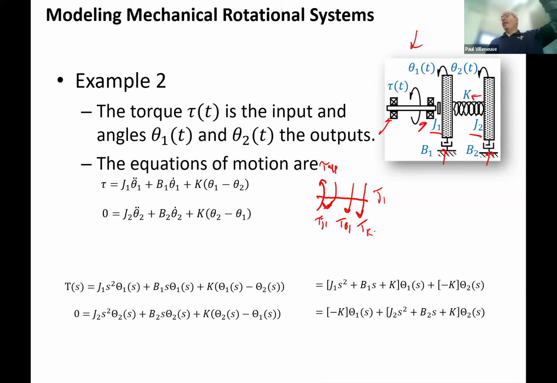Well, if theta 1, which is the angle associated with J1, is moving faster than the object at the other end, the spring is being elongated, which it doesn't want to do. It wants to stay in equilibrium. So this is going to be proportional to theta 1 minus theta 2.